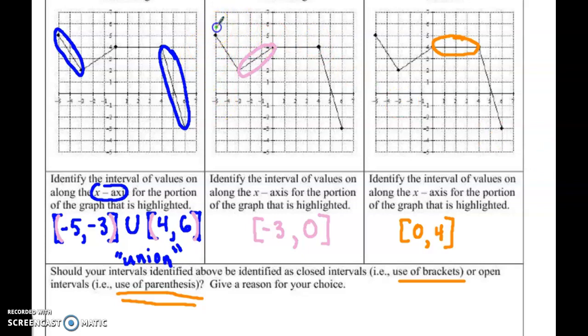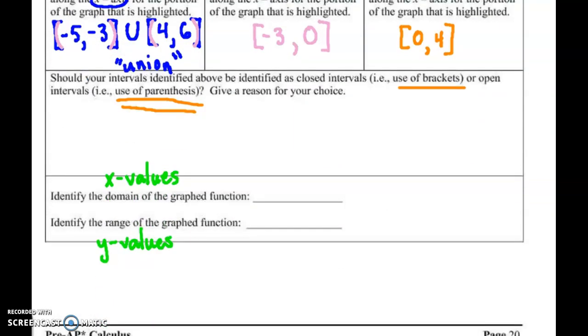I'm just going to look at this one because I have less stuff drawn on it. The first time this function is defined is at -5, and it's defined as I move to the right until I get to this x value of 6. So the domain, I believe I said, was from -5, and it stopped being defined once we got to 6.